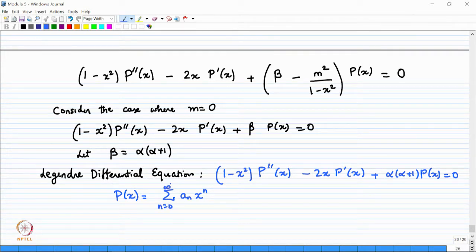Before we do this, we can see that x equal to cos theta. Therefore, minus 1 less than or equal to x less than or equal to 1. Now, for x not equal to plus minus 1, all points are regular.